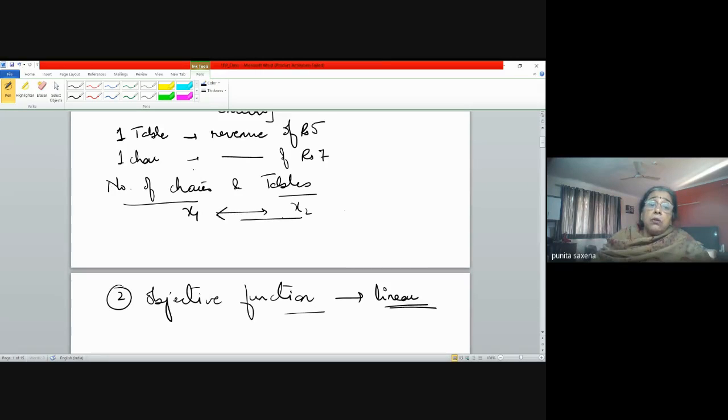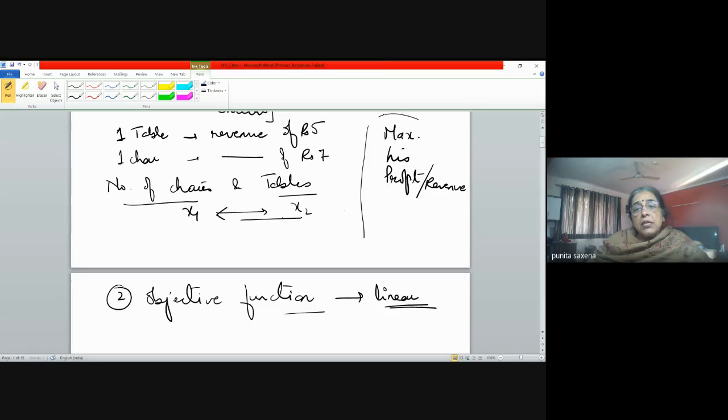Okay, now the objective here with which he has come to you is that he wants to maximize his profit or maximize his revenue, whatever we are calling it. Okay, so obviously this is the objective here, that something needs to be maximized. But what needs to be maximized, that needs to be defined in terms of variables first. We need to define that function.